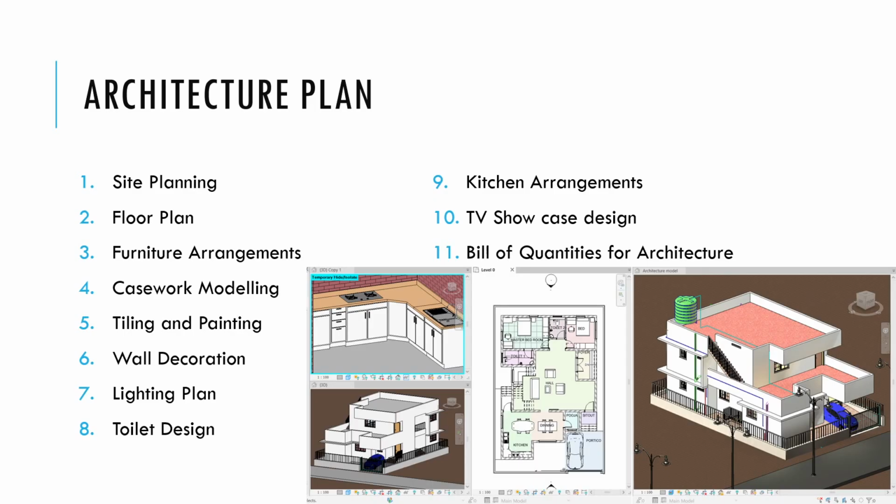Once the architecture plan is ready, at least if the floor plan is ready, then you can go for the next step. Okay, so if you're a single modeler, if you're working stage by stage, then after finishing the basic architecture model, you can absolutely go for the plumbing model or structural model. Okay, so you can plan your work.